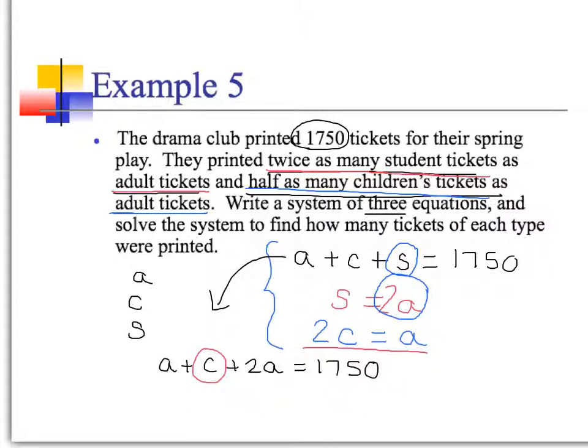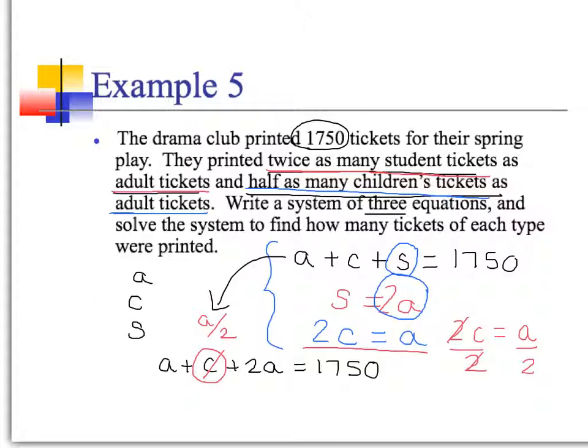I want to solve this equation for C. I've got 2C is equal to A. To get C alone, I'll have to divide by 2. And so I get C is equal to A over 2. So I'm going to replace it with A over 2. All right, so that's like a half A.